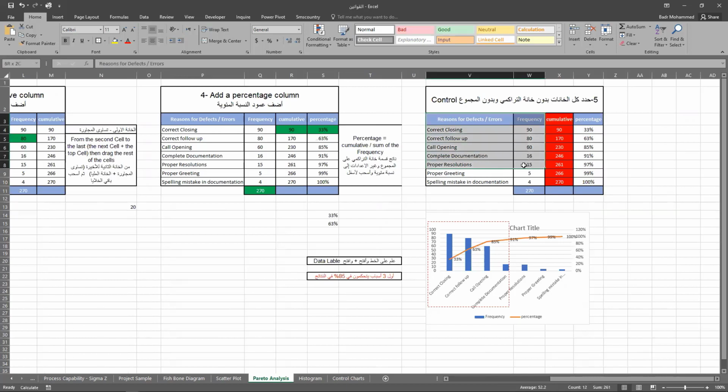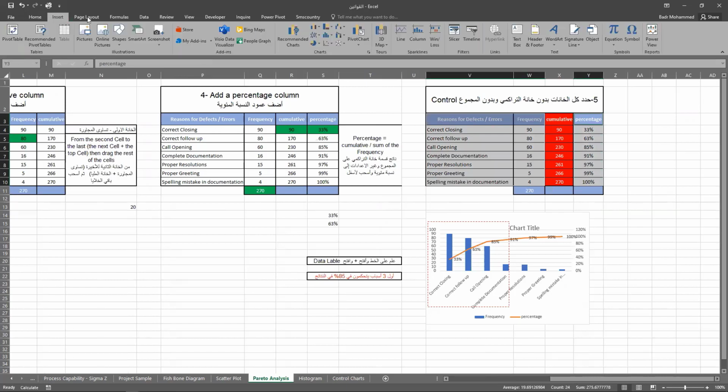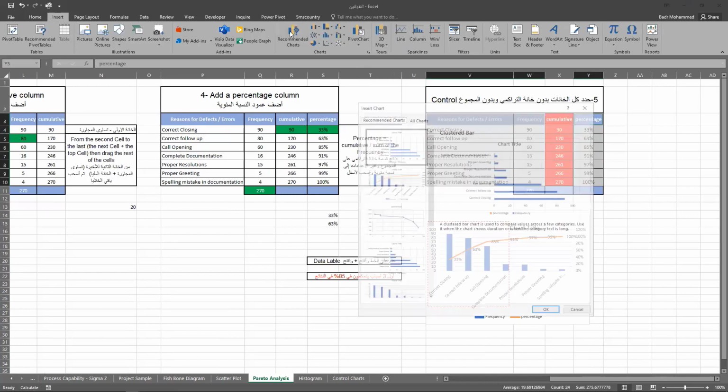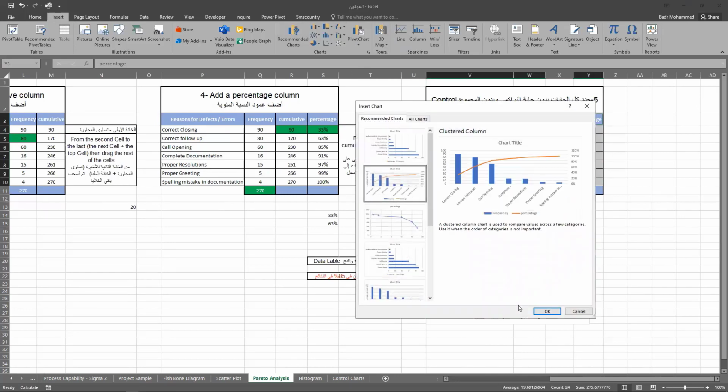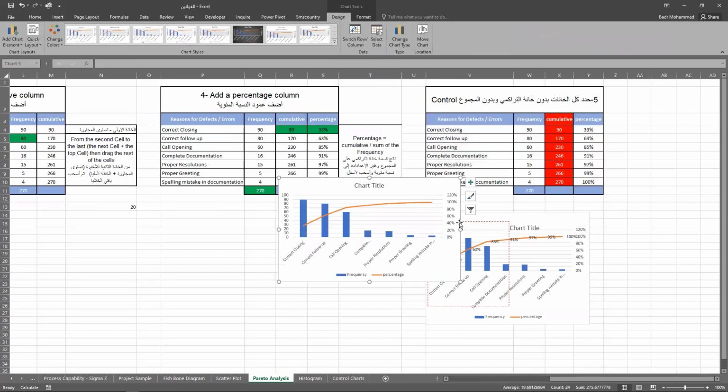We will select this one plus the percentage, go to Insert, and we will find the Pareto here. Where is the Pareto? Maybe here. Yeah, here is the Pareto analysis.